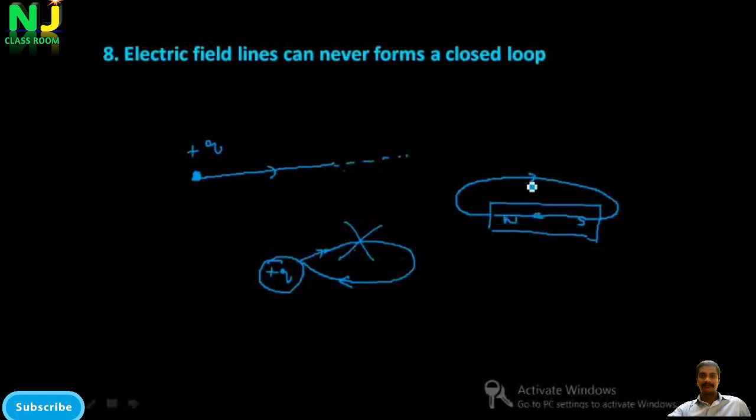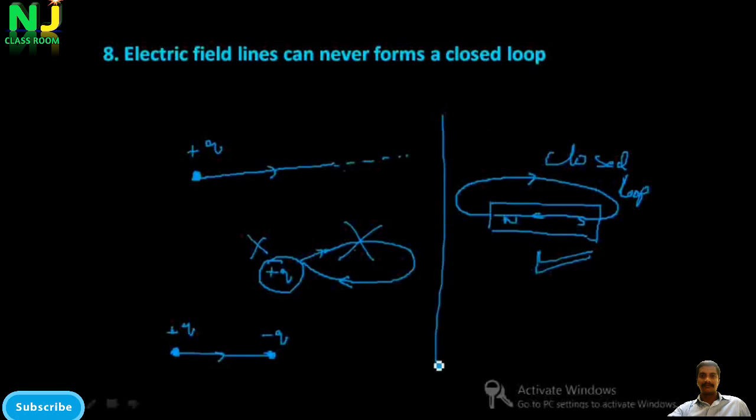But the electric field never forms like that, because it starts from the positive charge and ends at the negative charge. Magnetic field lines form closed loops, but electric field lines do not.